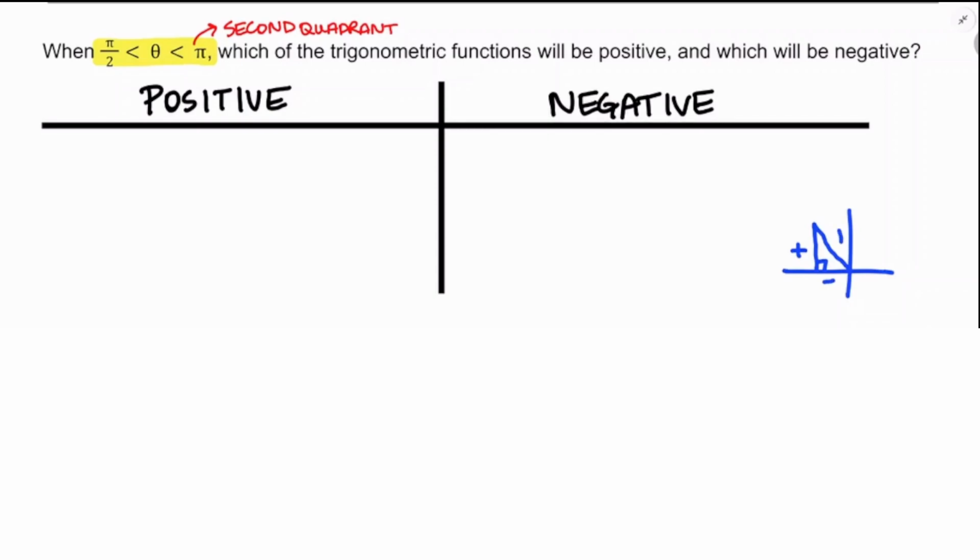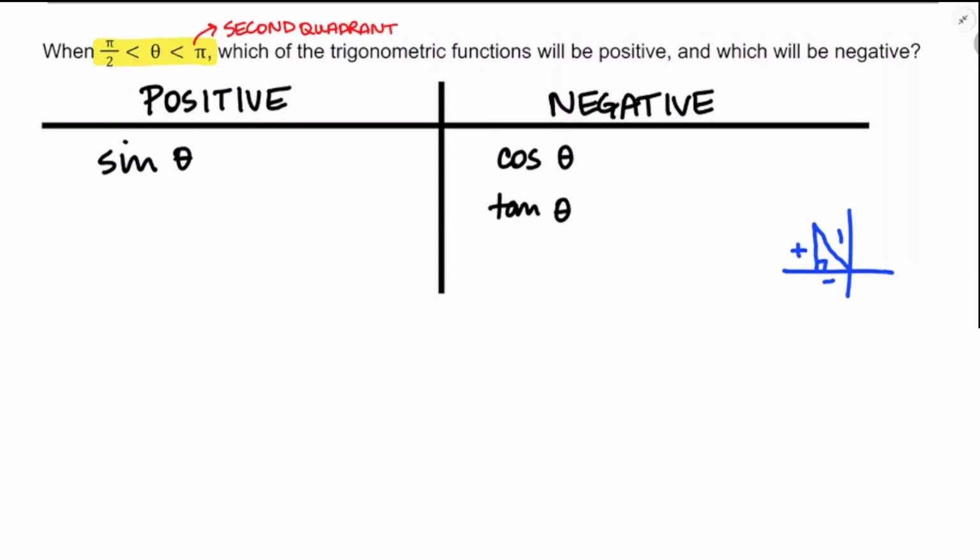And for our reference triangles, the hypotenuse was always 1. So what I'll say is that positive is going to be opposite over hypotenuse, because they were both positive, so that's going to be sine. And the ones that were negative were, we saw cosine of theta was negative, and we also saw tangent of theta was negative.